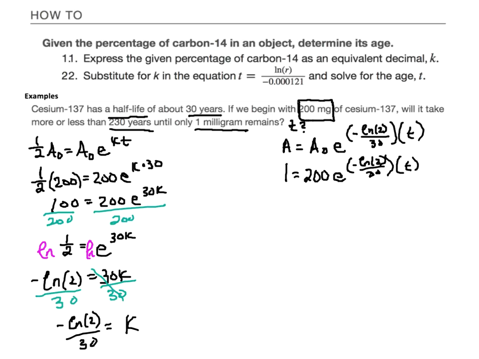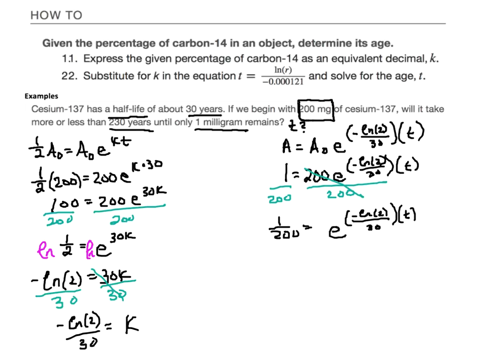Oops, nope, I'm sorry, divide by 200 on both sides, and that gives me 1/200 equals e raised to the negative ln of 2 divided by 30 times t.